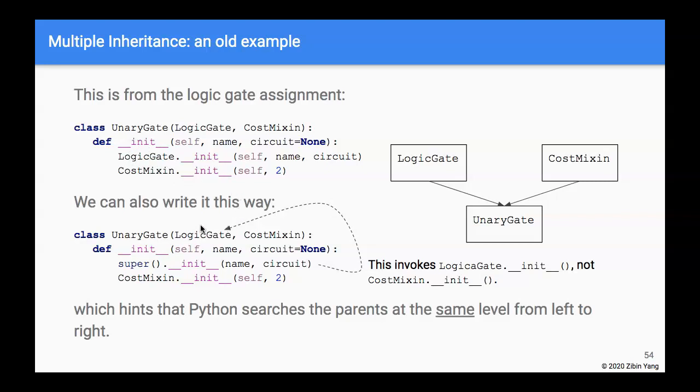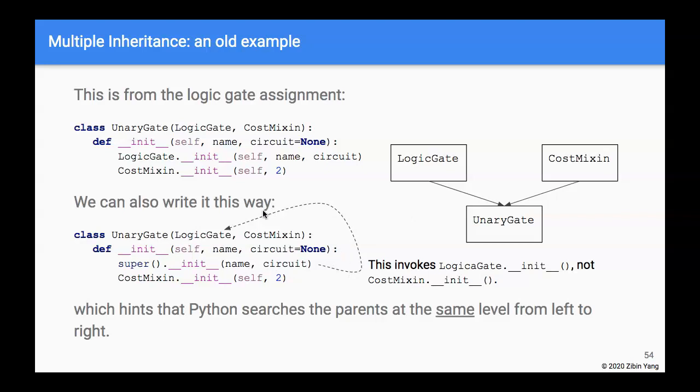Now, some of you actually did it in a slightly different way: you would do super().__init__ and then CostMixin.__init__, and the super().__init__ in this case actually did call the LogicGate's __init__ method.